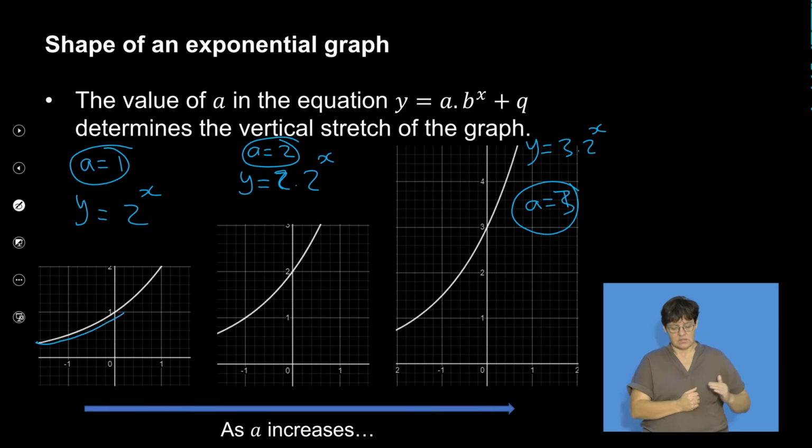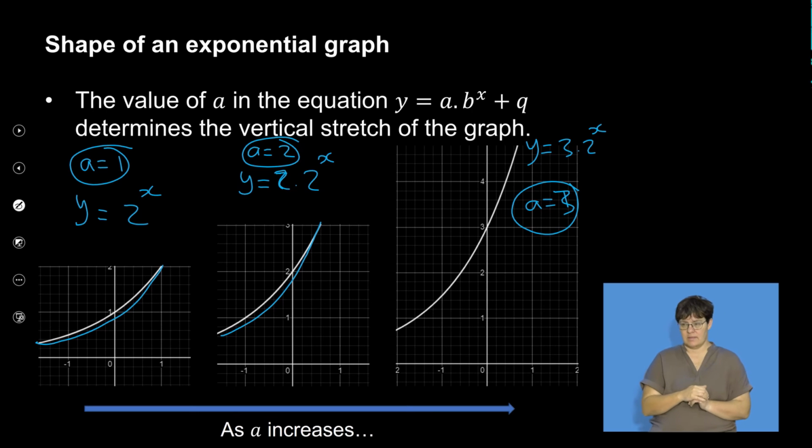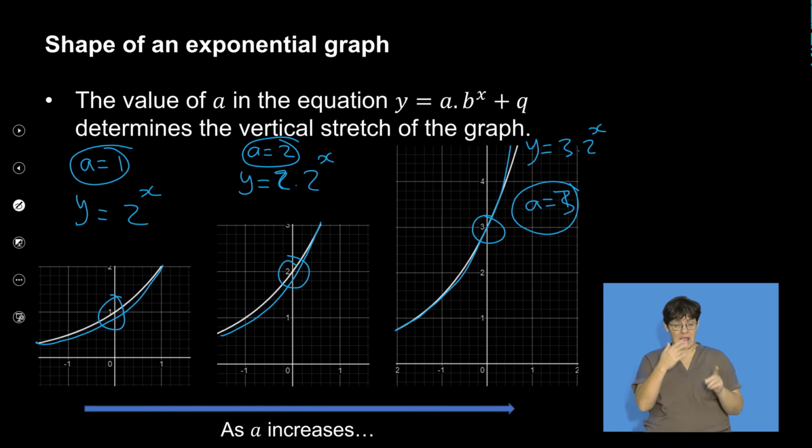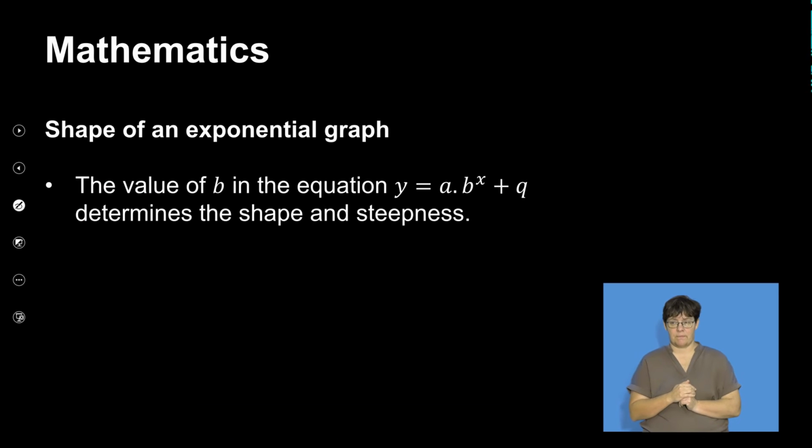So you can see that from the first graph to the second graph, it became a bit steeper by becoming closer to the y-axis, and then to the third graph, it became way more close, and it was passing through different values of the y-intercept, right, when it comes to the y-axis.